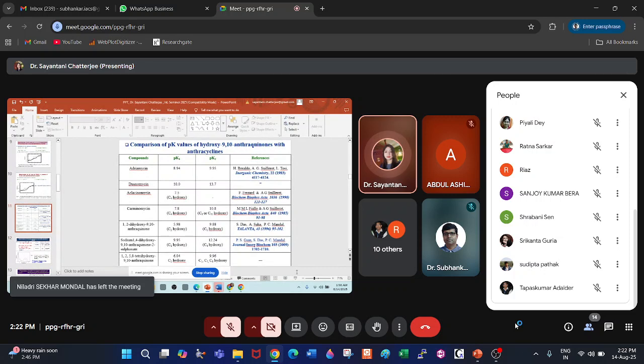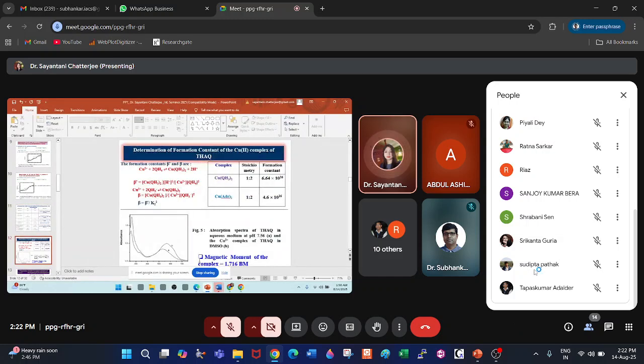And here is a comparison of pK values of the hydroxy 9,10 anthraquinone with anthracyclines, and it is showing close resemblance with that. And this is our compound. Now, the formation constant of the copper complex of THAQ was also in good agreement with that of the copper adriamycin complex, we can see from this table.